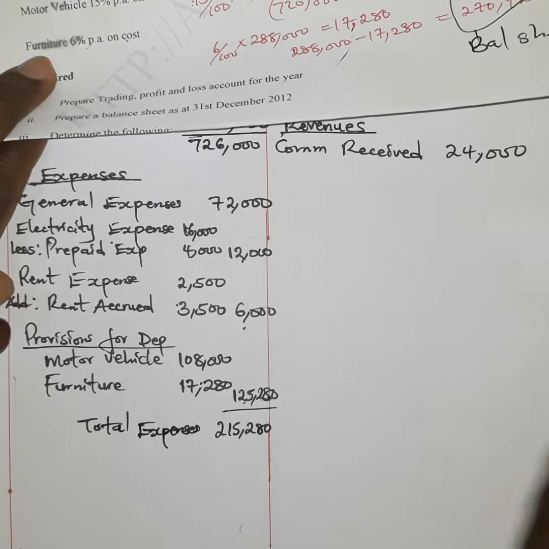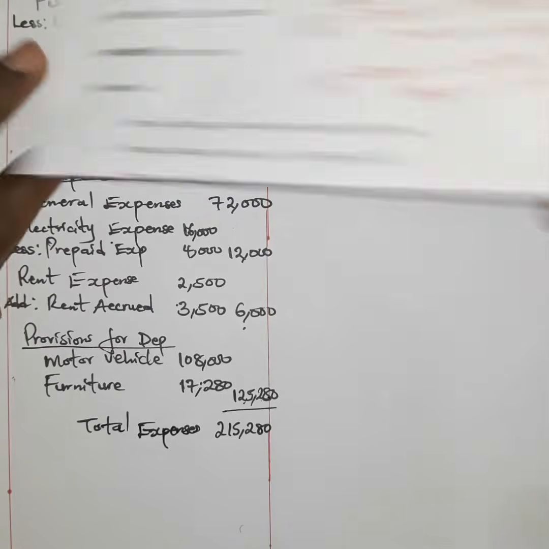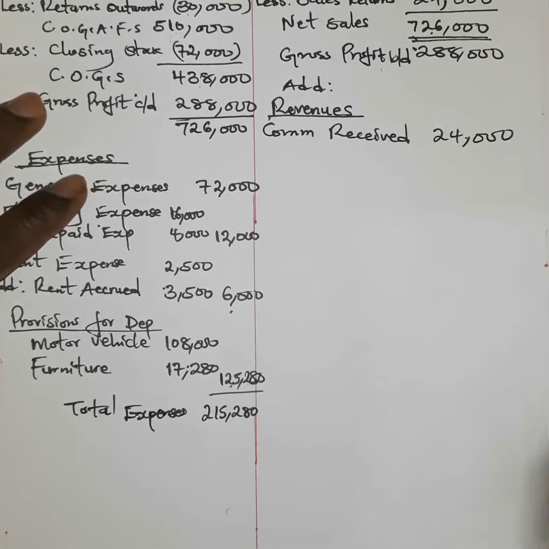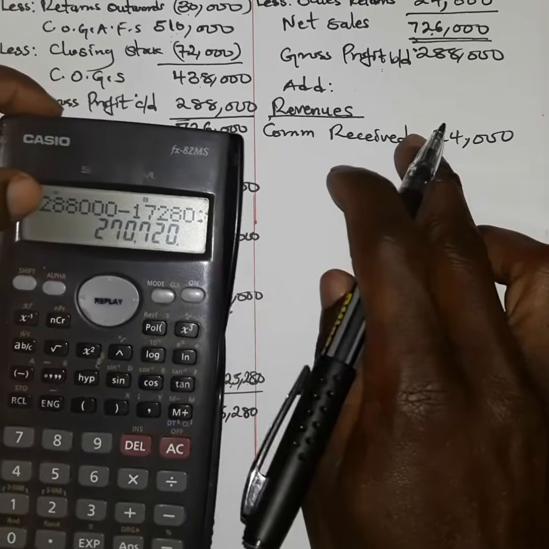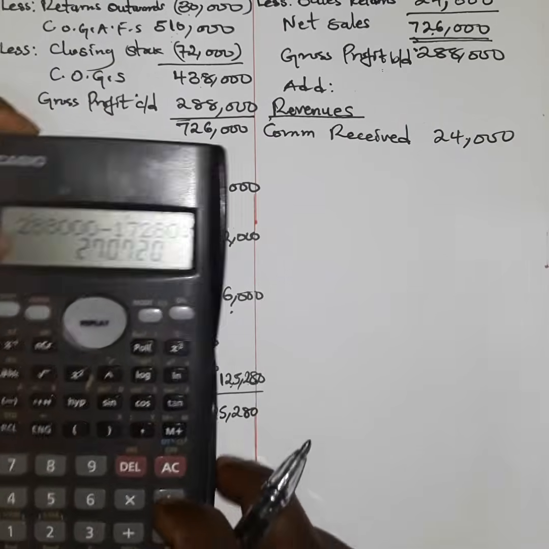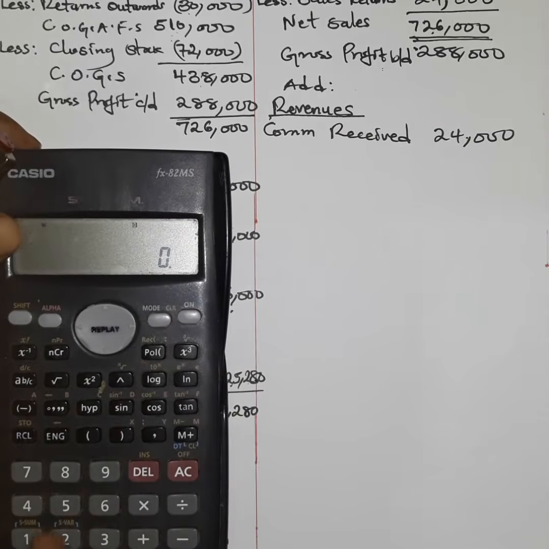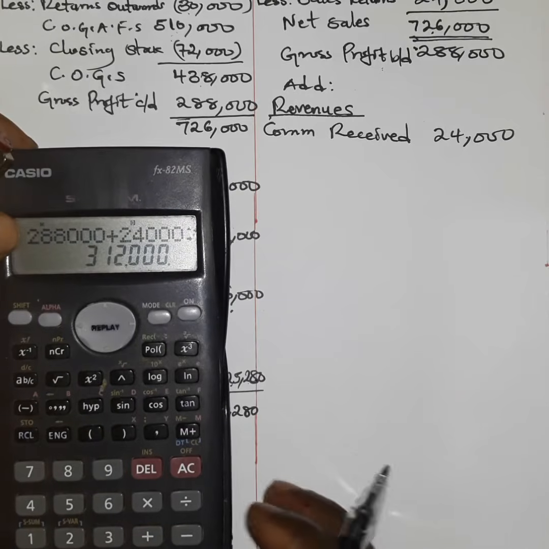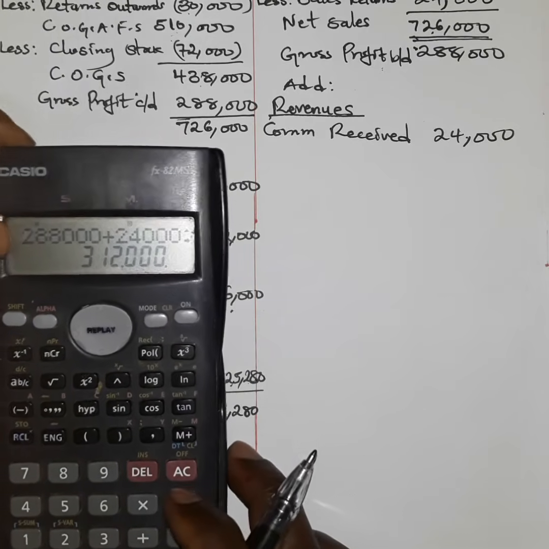Now, when you add our commission, our revenue, to the gross profit and compare with this one, you want to see which one is higher. So 288,000 plus 24,000, we get a value of 312,000.